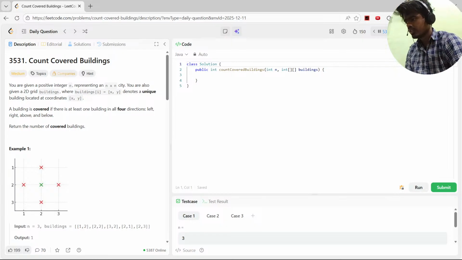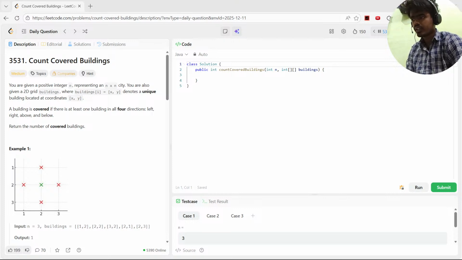You are given a positive integer n representing an n by n city. You are also given a 2D grid buildings.